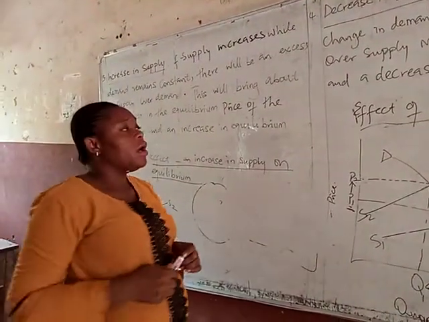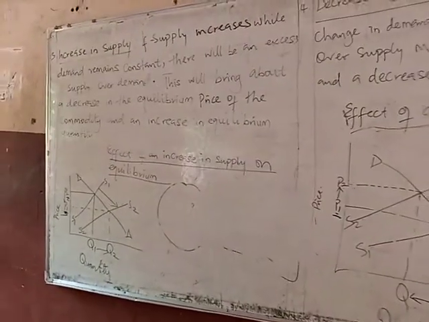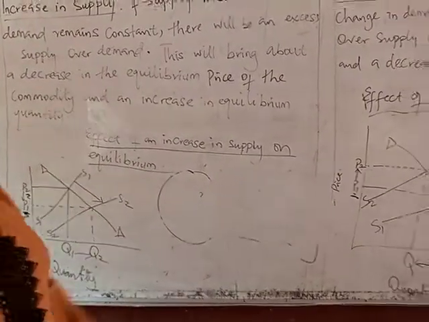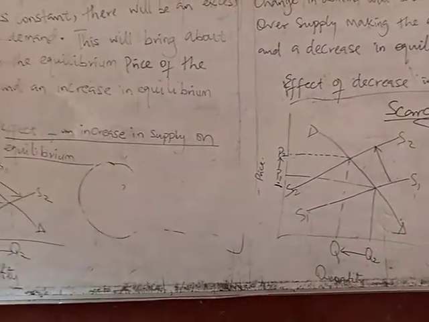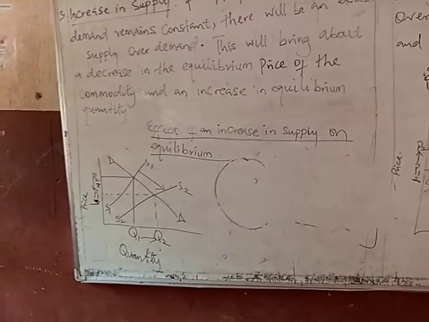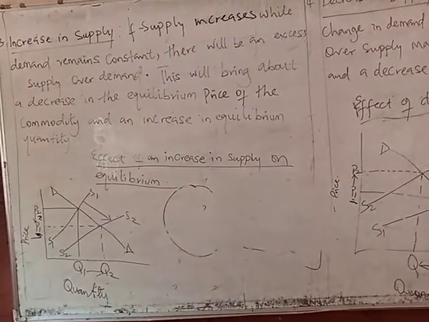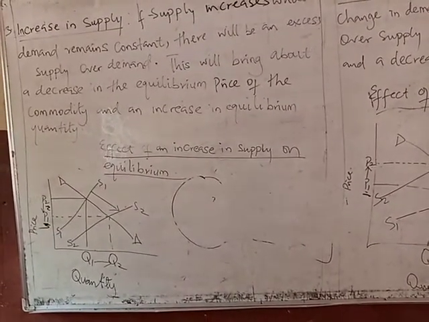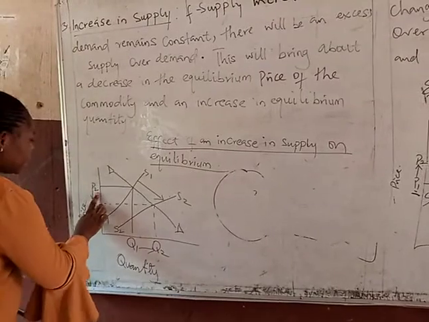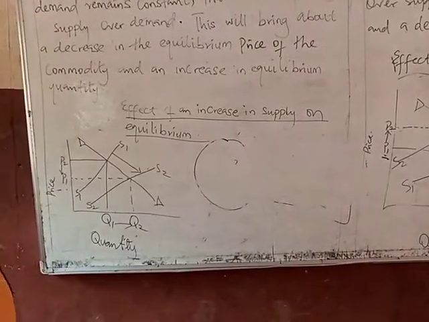Now I want you to take note of this. It is very important. The graph representing increase in supply and the graph representing decrease in supply look almost the same, but what is different between the two is the arrow. The arrow is what we use to differentiate them.